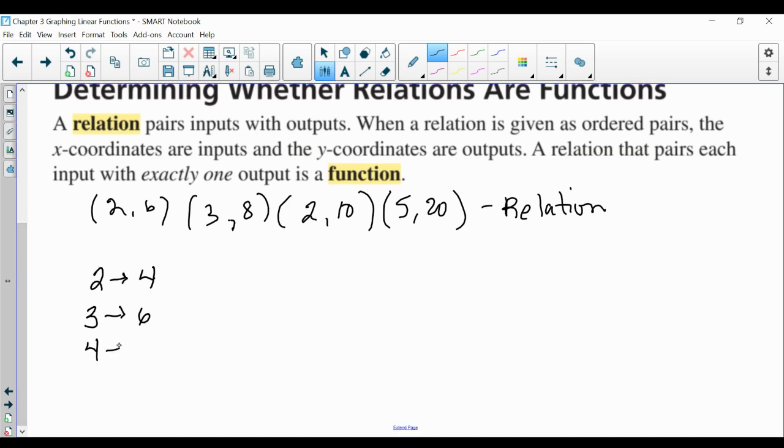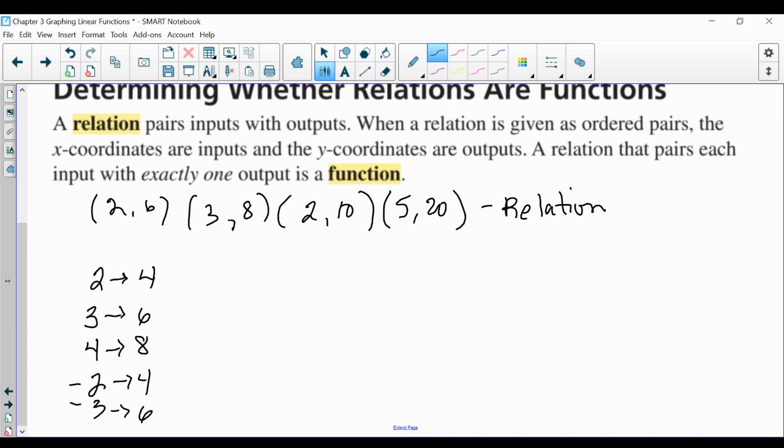I could say 4, 8. And then I could even go -2, 4, -3, 6. So each individual input has exactly one output. You can see here they have the same output, but that's okay.